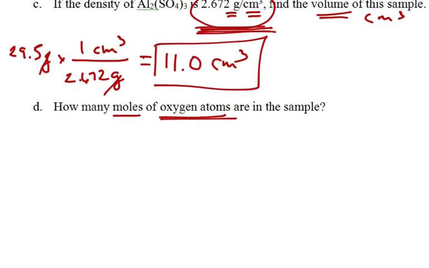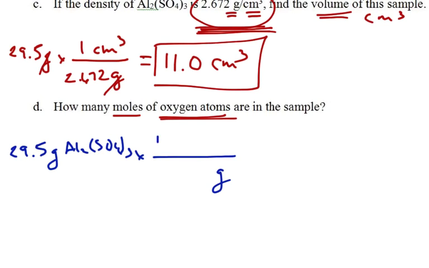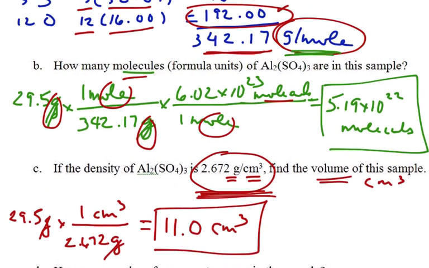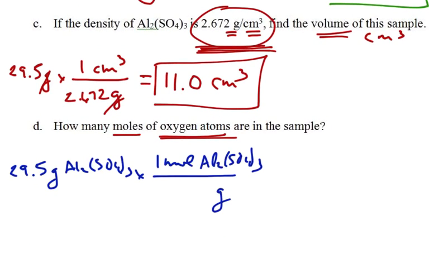So let's try that. Let's go ahead and start from the same place. 29.5 grams of aluminum sulfate. And I want to go from grams of aluminum sulfate to moles of aluminum sulfate. And I know that that is 342.17.